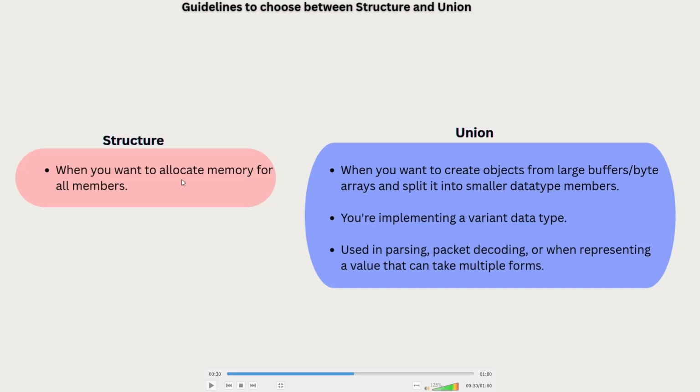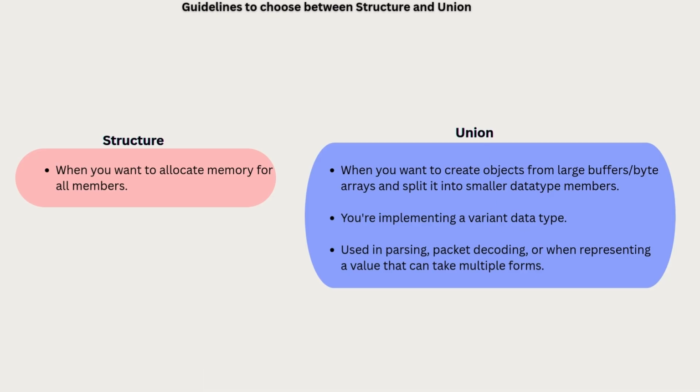The main difference is, if you want memory allocated for all members, you can use structure. But if you want to create data from large byte arrays or buffers and split it into smaller types, like we see in the case of Bluetooth address, you can use union and variant data types.